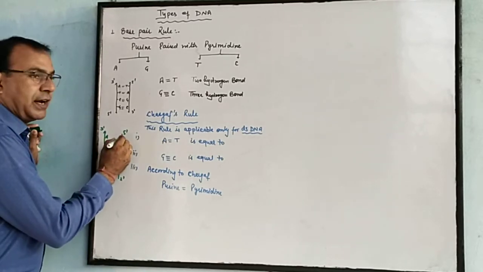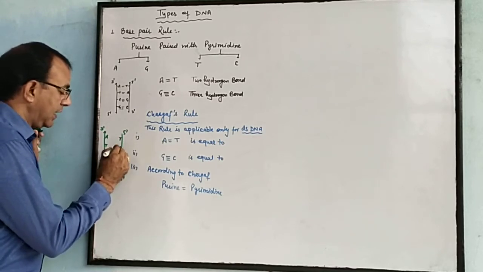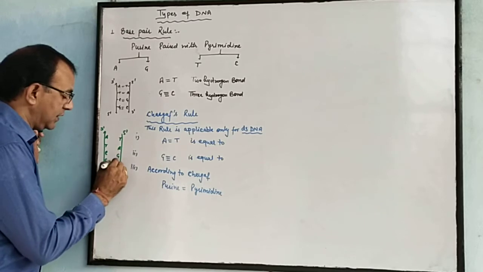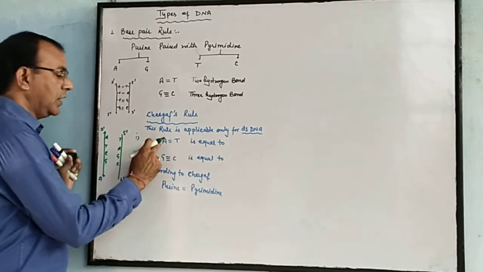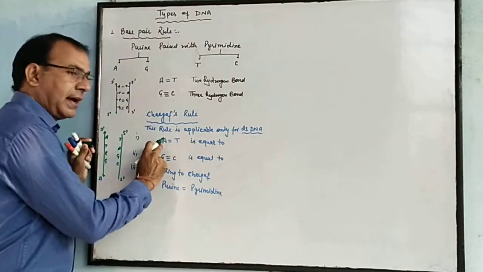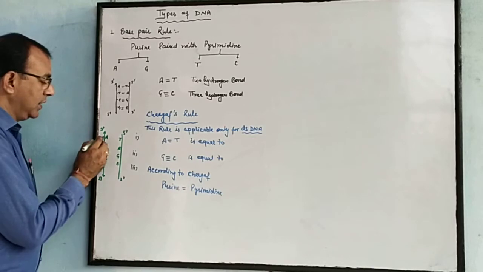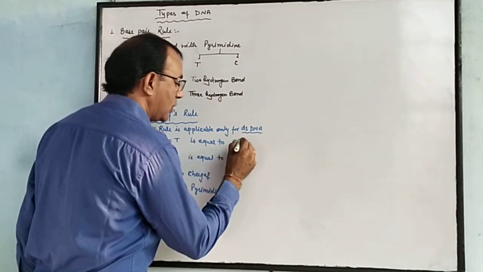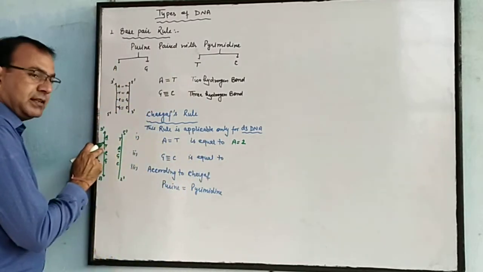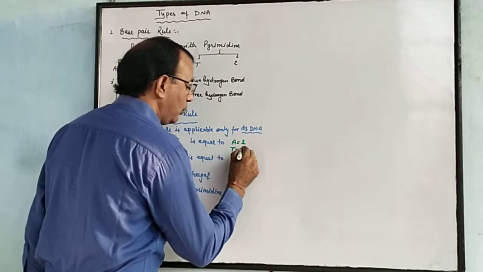Then at the opposite end, A is bonded with thymine, T with A, C with G and G with C. According to the first rule, A is equal to T. The number of adenine and thymine we can calculate. Adenine is 1 and 2, so A is equal to 2. And thymine is 1T and 2T, so thymine is equal to 2.